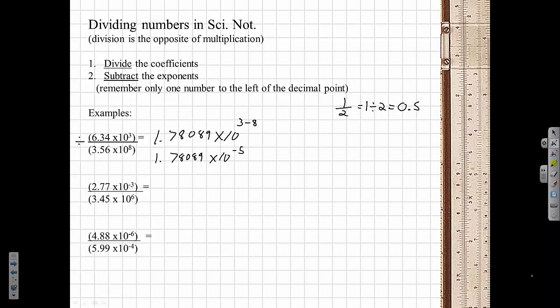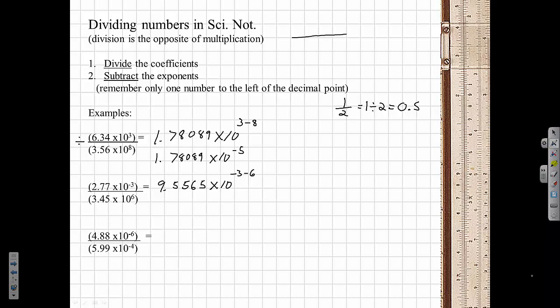Next one, 2.77 divided by 3.45 gives me 9.5565 times 10 to the what? Well, we're going to subtract the exponents again. Negative 3 minus 6. Negative 3 minus 6 is what? A negative 9, right?